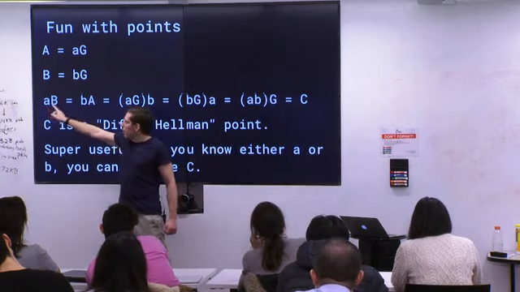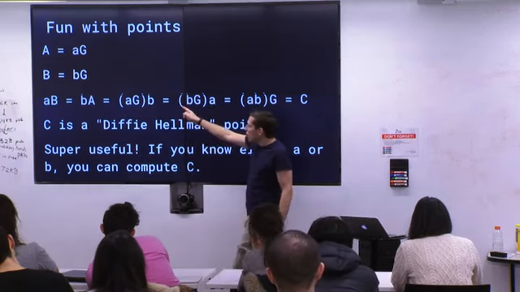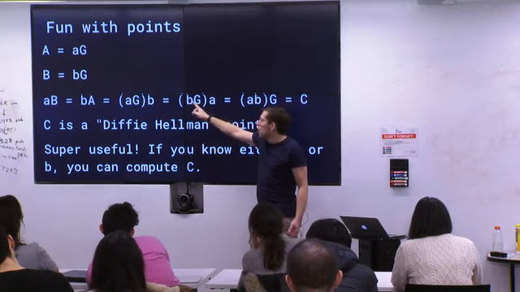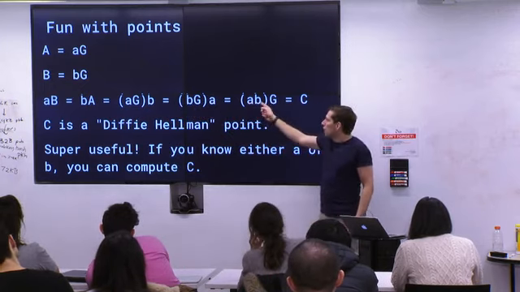You can do that, right? It is equal to Bob's private key times Alice's public key. The multiplication is commutative. That's weird, right? It's just a times G times b, which is the same as b times G times a, which is the same as a times b times G. And let's call that C.